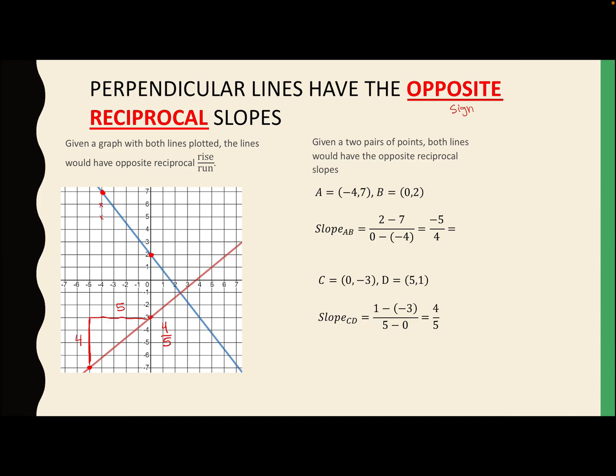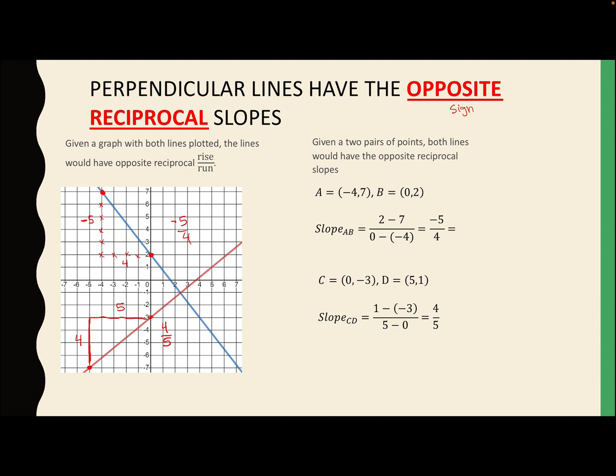We're going to go down 1, 2, 3, 4, 5, and over 1, 2, 3, 4. So the slope of the blue line is -5/4. So -5/4 and 4/5 are opposite reciprocals. The fraction's flipped over and one fraction is positive and the other fraction is negative. So that's how we know they're opposite reciprocals.